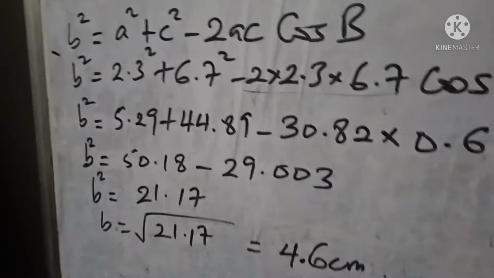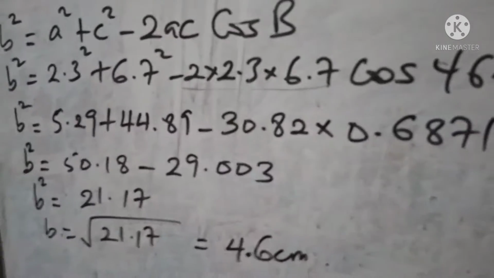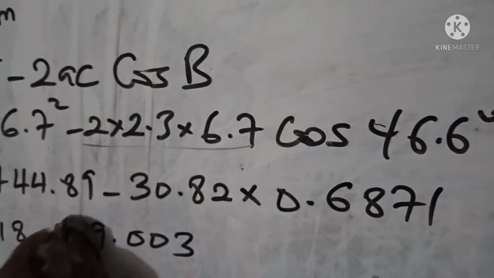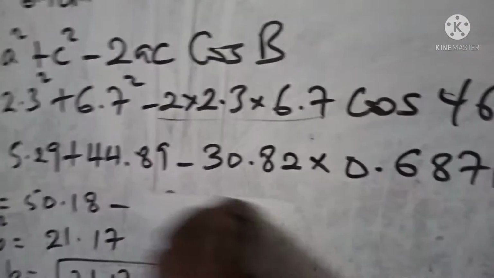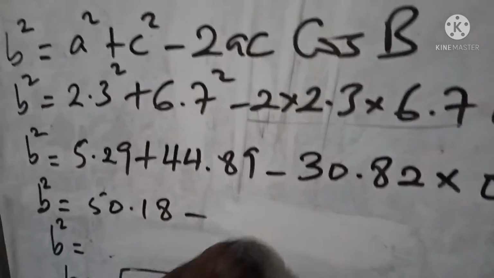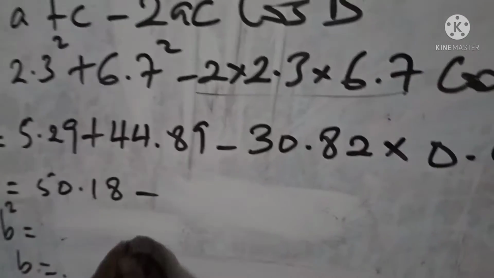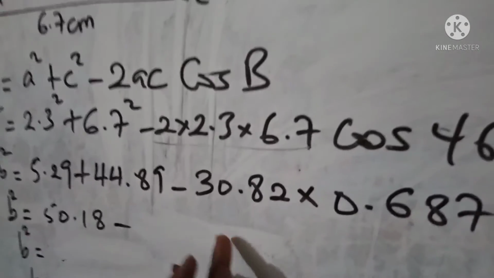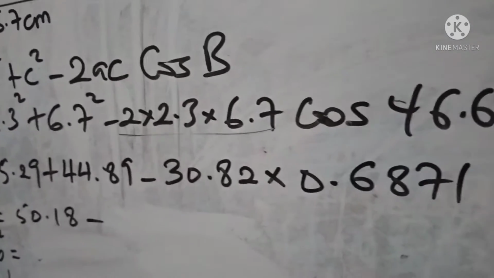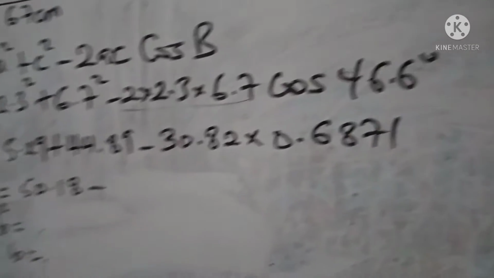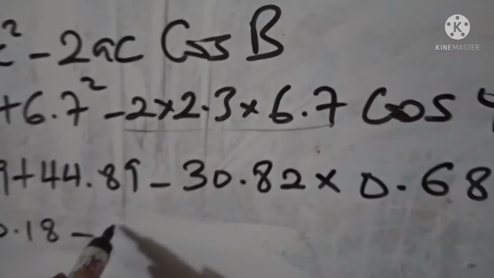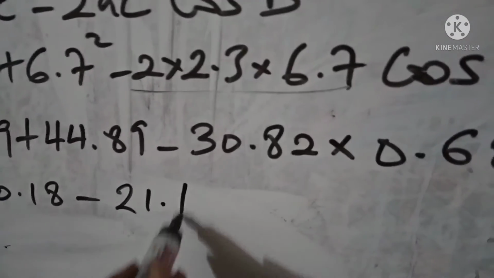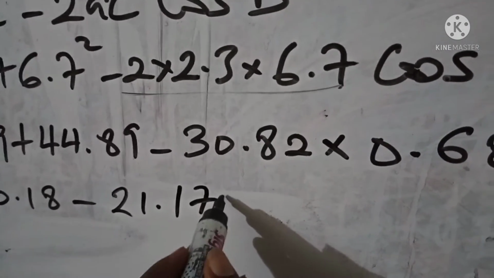Actually, the boy that is helping me to do the calculation made a mistake from here. So we are going to clean it and do the necessary correction. Now, 30.82 times 0.6871 will give us 21.176, right?